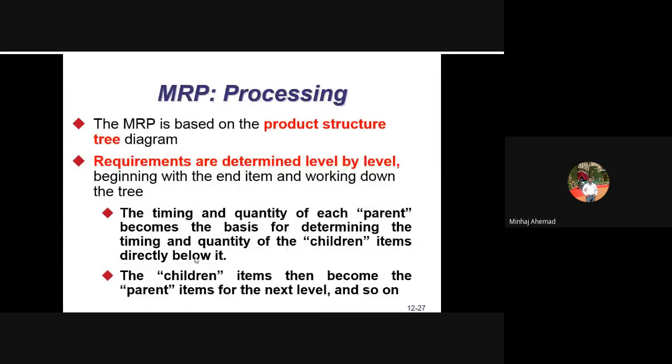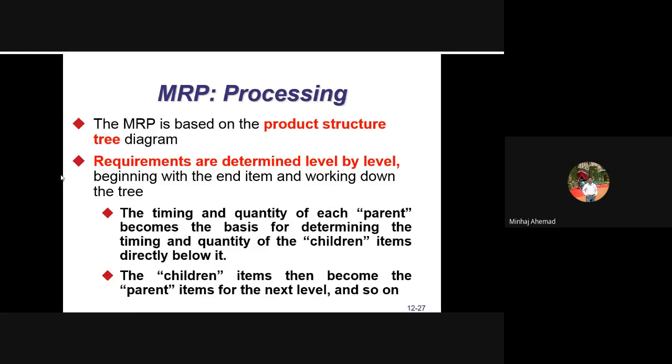So the MRP is based on the product structure tree diagram. The requirements are determined level by level, beginning with the end item and working down the tree. The timing and quantity of each parent becomes the basis for determining the timing and quantity of the children item directly below it.